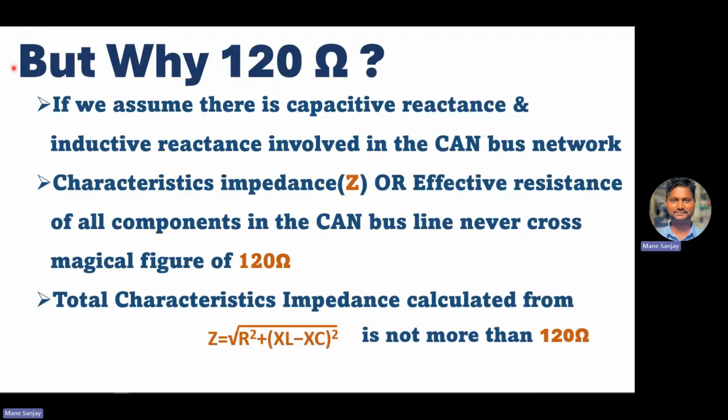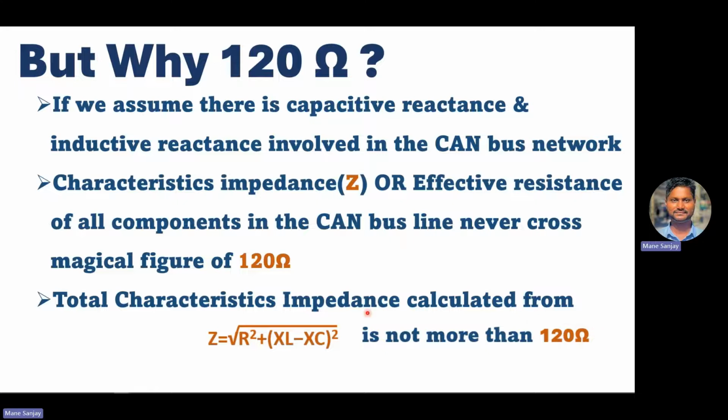Considering all the worst case scenarios, what are the worst case scenarios? The length of the CAN bus, the reactances present in the network, as well as the highest baud rate, high frequency signals in the network. Everything considered the worst, and if we calculate the characteristic impedance of the CAN bus, the value never crosses this 120 ohm.